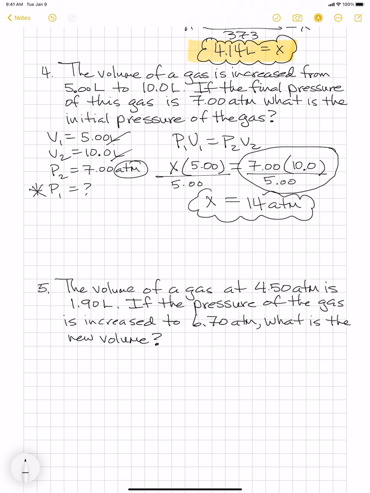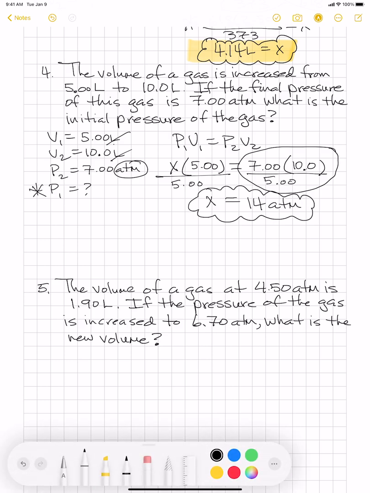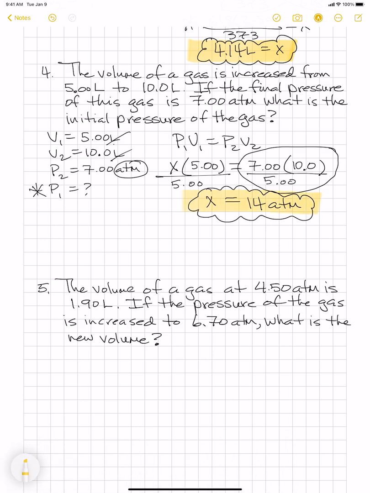Now, you could solve this problem intuitively by what you know about Boyle's Law, because what's happened here is that the volume has increased. So what happens if you increase the volume, you, oh, wait a minute here.